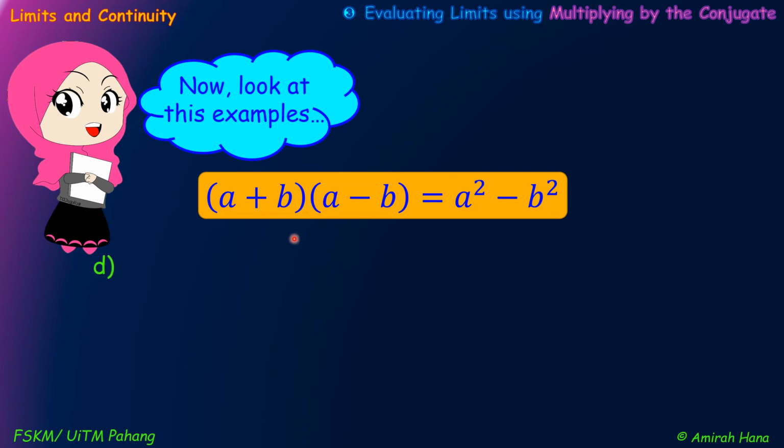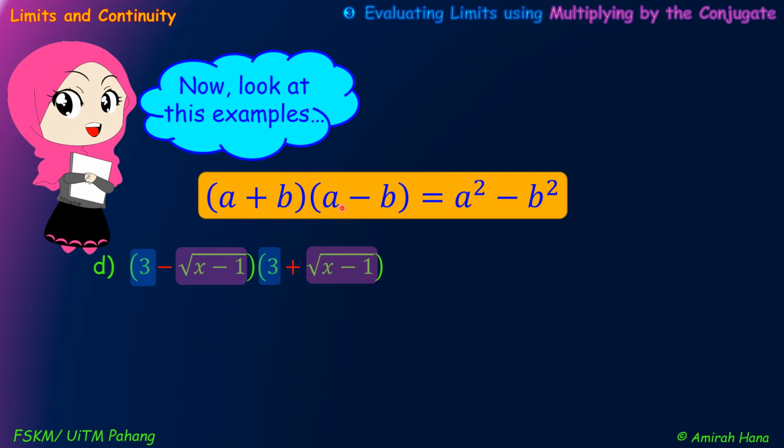Alright, now we look at D. We have 3 minus square root of x minus 1 times 3 plus square root of x minus 1. When we compare, our A equals 3 and B equals square root of x minus 1. This is the first term and this is the second term, and in between is the opposite sign, which means we multiply by the conjugates.